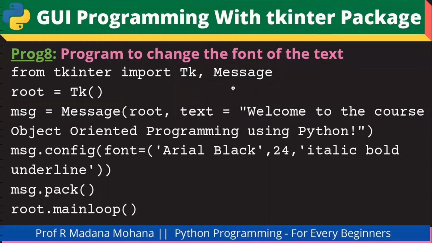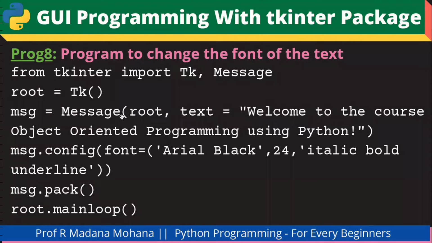For this, we have to use another method, Message, along with Tk, which can be imported from the tkinter package: from tkinter import Tk, Message, then root equal to Tk. Now msg equal to Message of root comma text equal to.